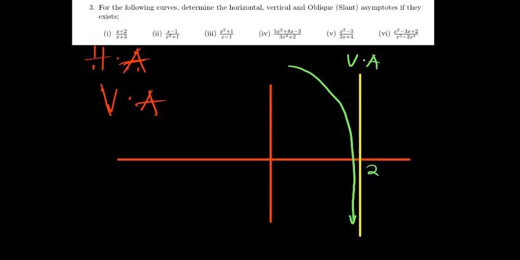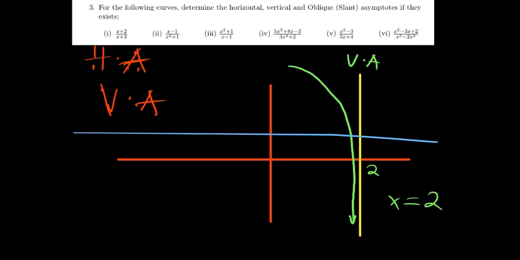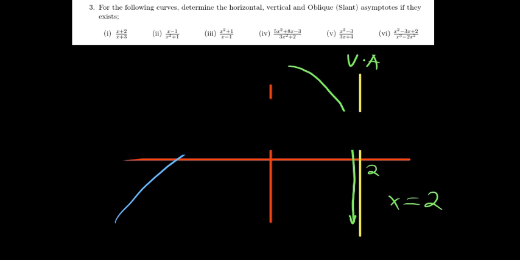That would be, for example, x is equal to 2. Horizontal ones equally, you can give an example with certain radicals. You find that the graph won't cut that line. That's a horizontal asymptote. It avoids cutting that line. Now there's another kind of asymptote we call a slant or oblique asymptote.